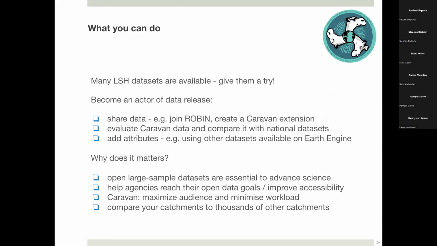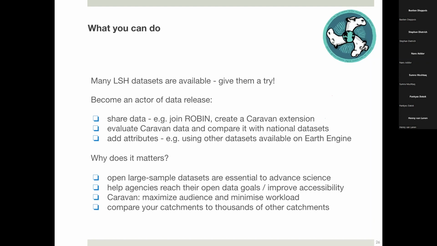This initiative is also a way for agencies to reach the open data goals and to improve the accessibility of their data. And there have already been quite a few public entities that have decided to contribute to, for instance, a Caravan data set to release their data because of the audience that they can reach most immediately by releasing the data this way.